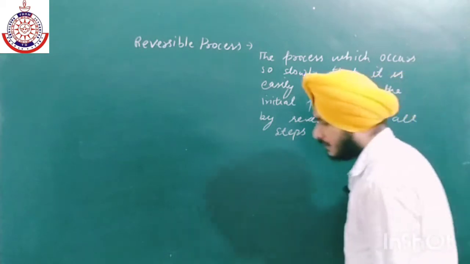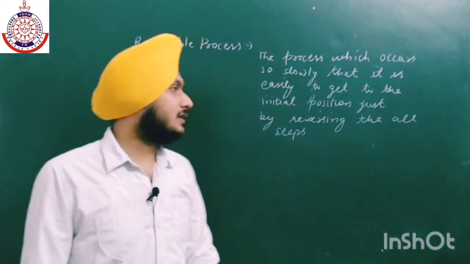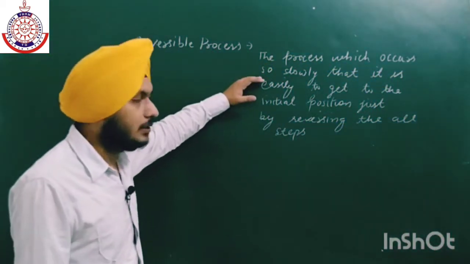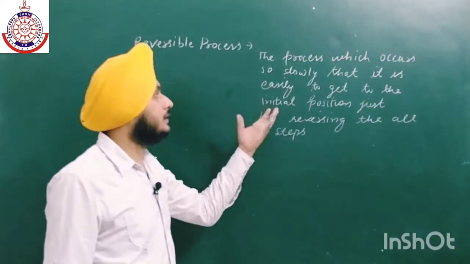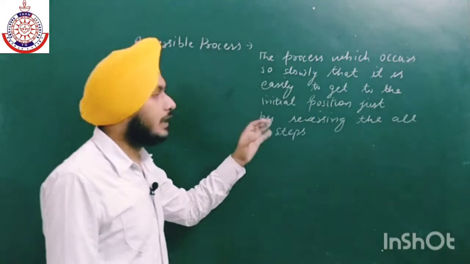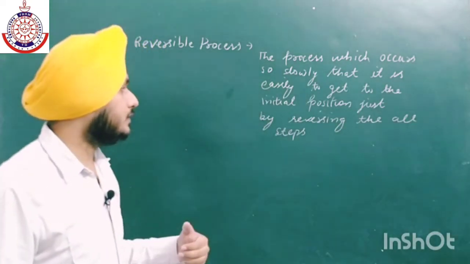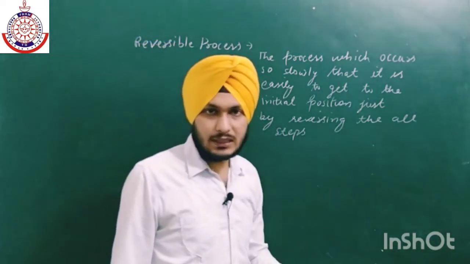Okay, so what is a reversible process? It occurs so slowly that it is easy for us to get to the initial position just by reversing all the steps in the opposite direction.